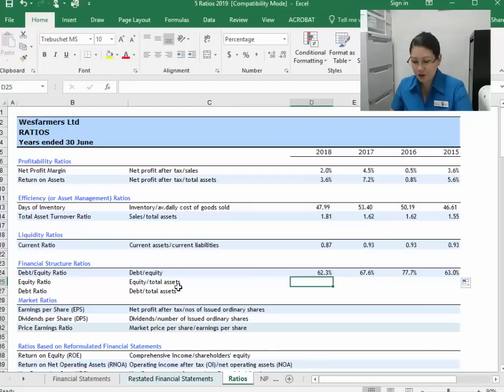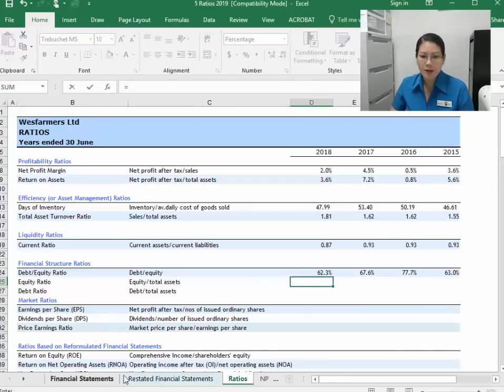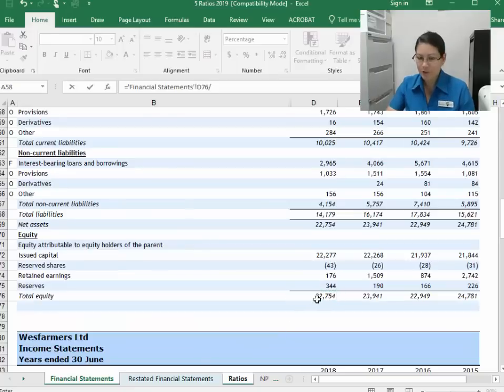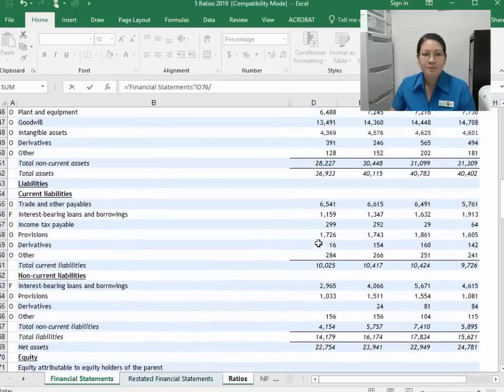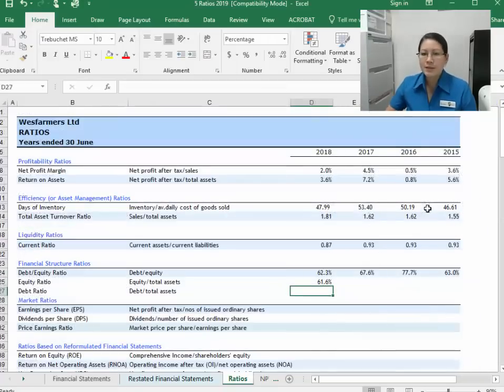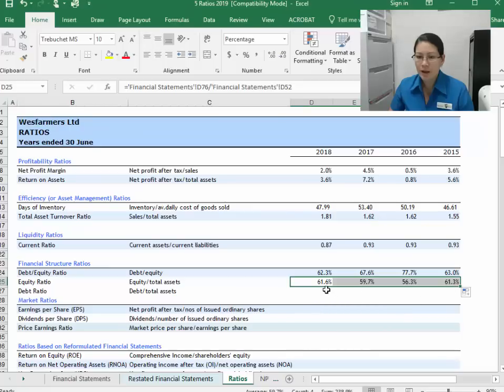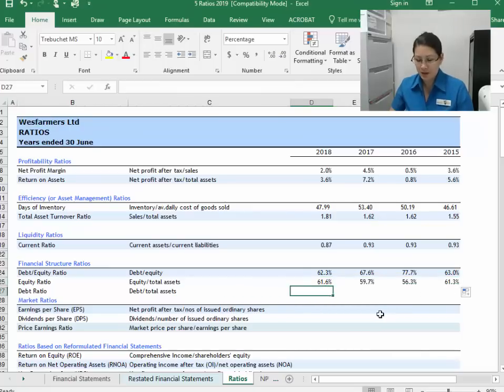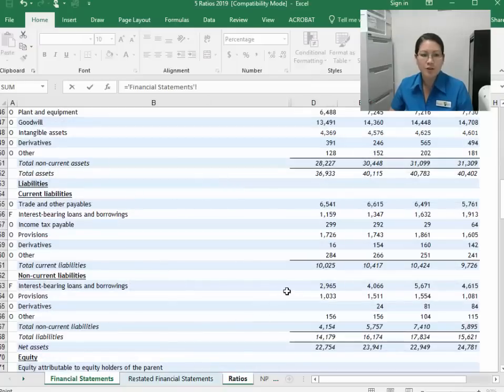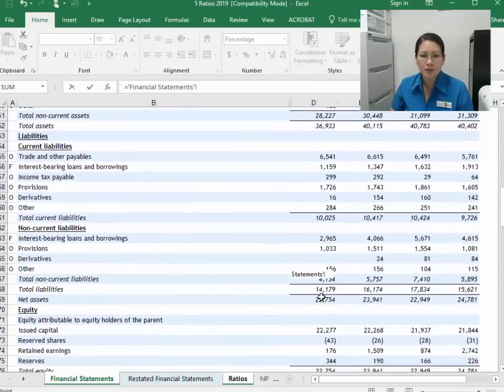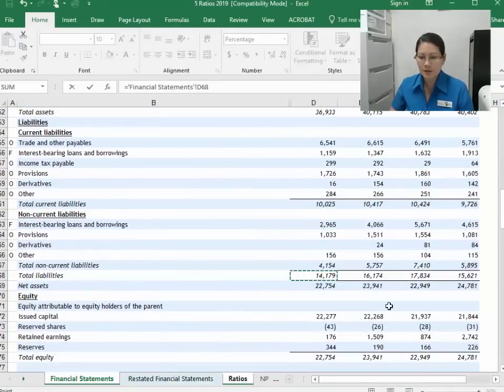Okay, so equity ratio. Let's calculate the equity ratio, which is equity divided by total assets. And let's have a look at the debt ratio, which is debt divided by total assets. Now you don't have to do this one, I just want to illustrate. Debt being total liabilities divided by total assets.